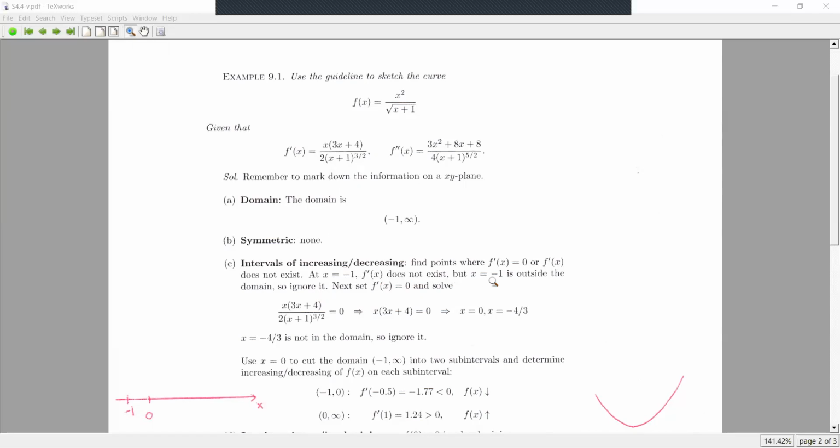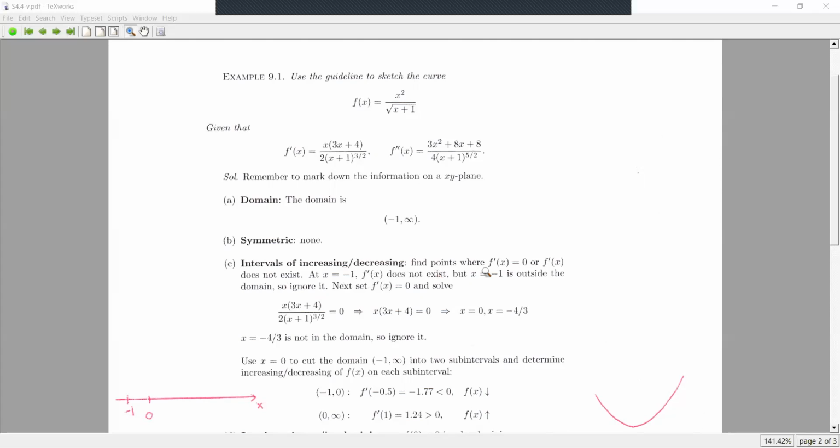But -1 is outside the domain, so ignore it. I don't need to consider -1, since it is outside the domain of the graph. Only at -1 does the derivative not exist.